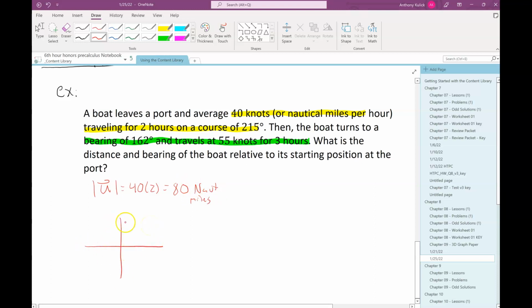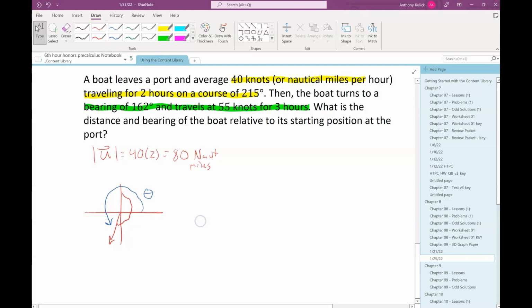And then for a bearing, remember bearings start at due north and go clockwise. So like 215 is over here. But what we're really interested in is this angle here. So if that's 215, that means that little slice was 35. So this slice over here was 55, so that's going to be 235. And I'll call my other vector v.